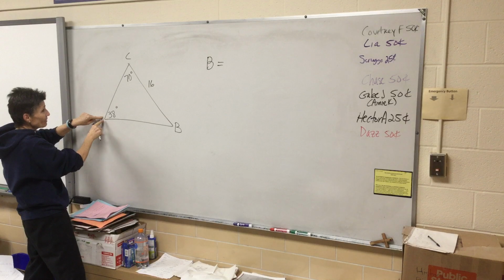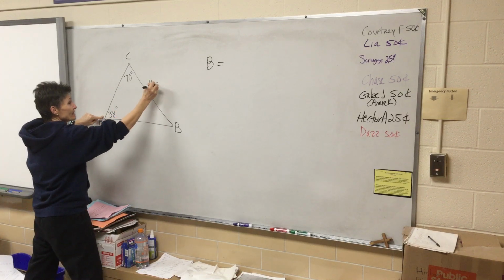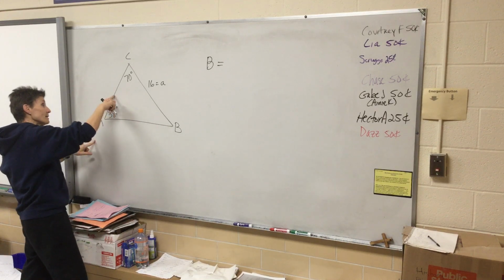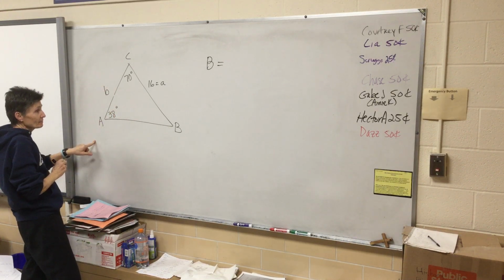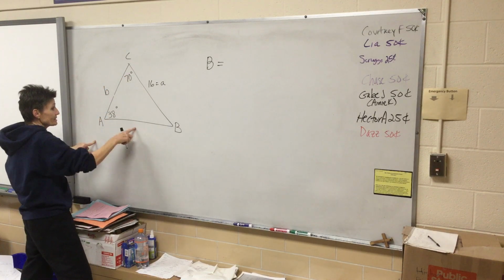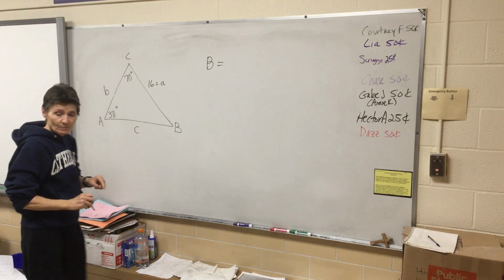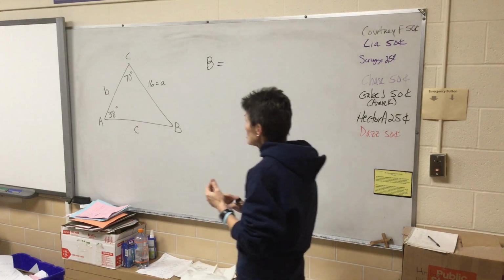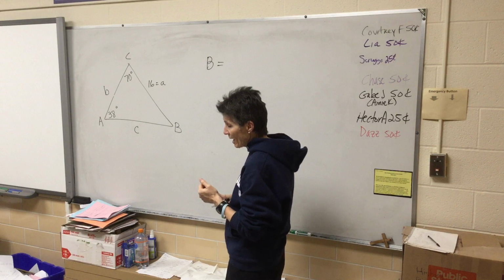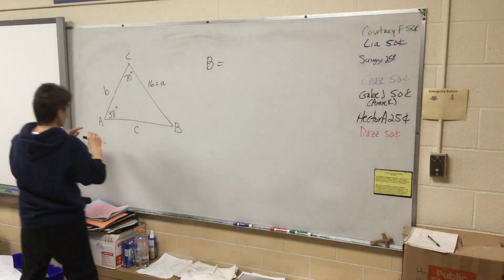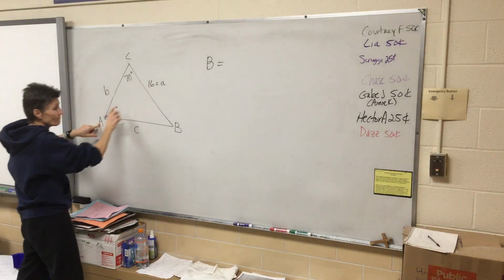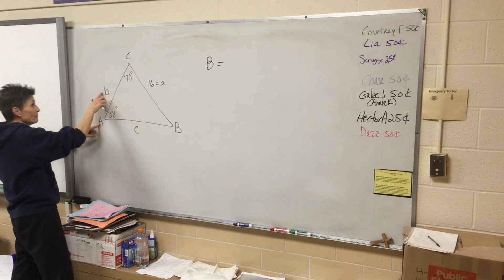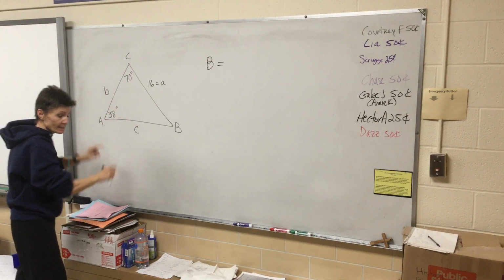So if this is angle A, then this is side A. If this is angle B, then this is side B. And if this is angle C, then this is side C. So capital letters for angles, small letters for sides, and the sides are labeled across from their angles. So this is side A, this is side B, and this is side C.